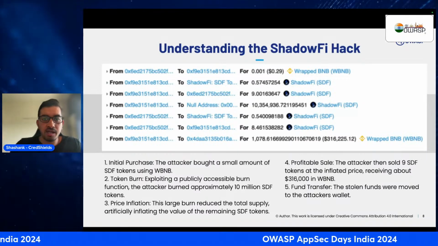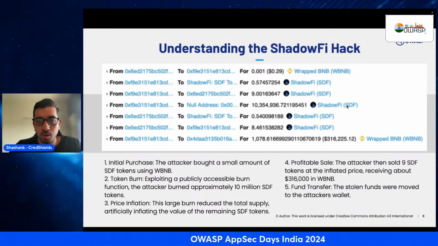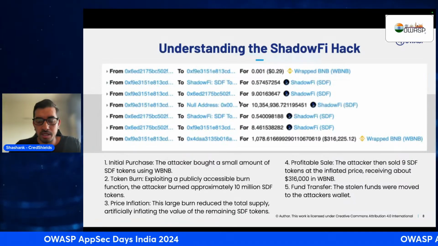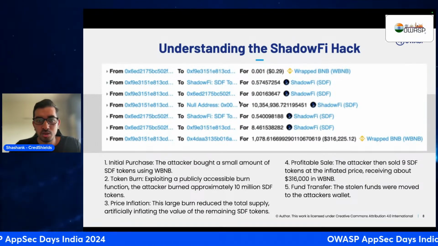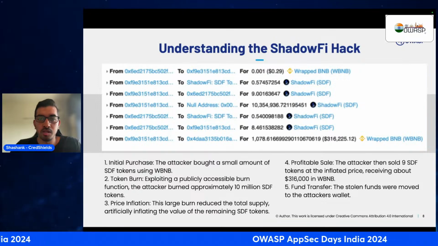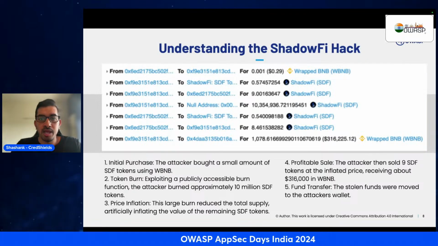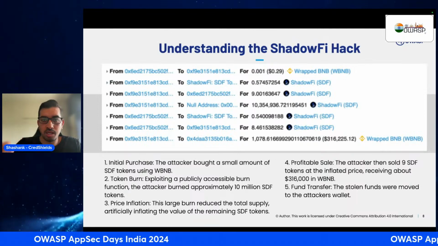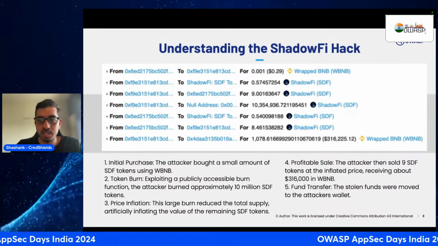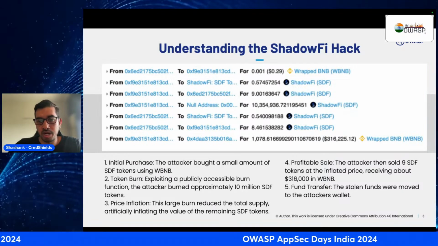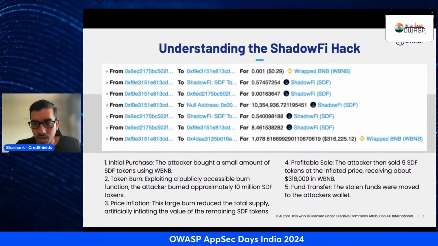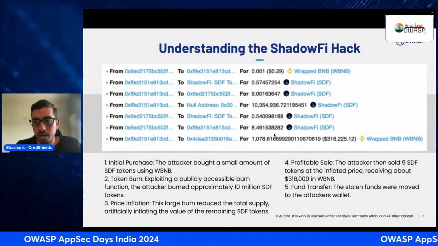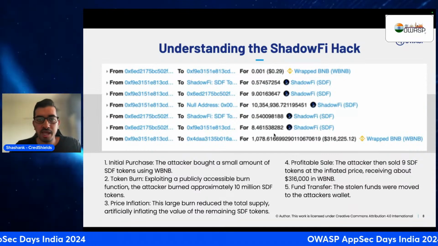So what the hacker did here was, by destroying 10 million tokens, he or she managed to raise the price, because now the amount of tokens was less, and hence the price went up. He was owning 9 tokens, which went from cents to the value of $316,000. And the hacker sold it for wrapped BNB and cashed out the money.